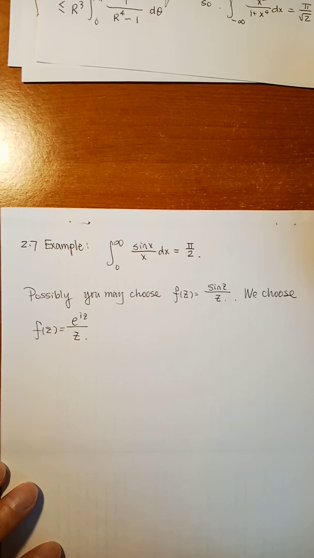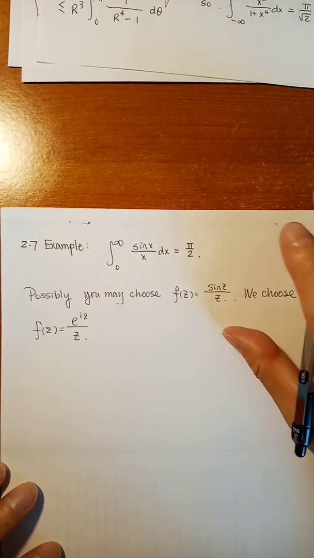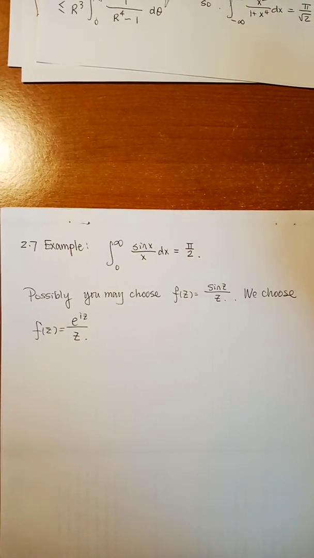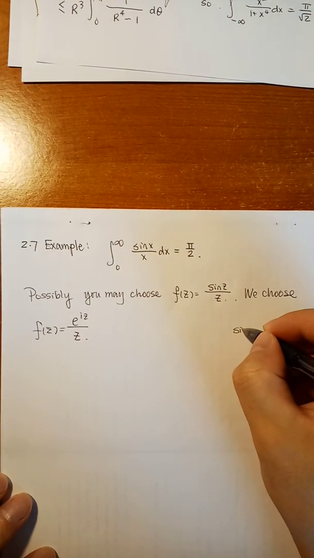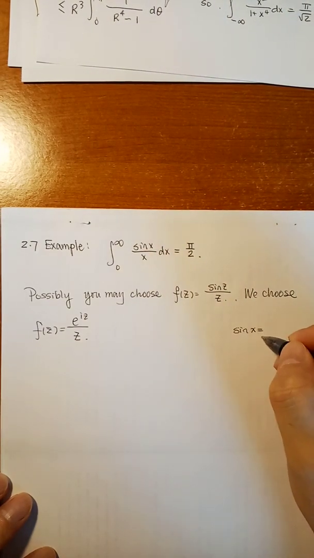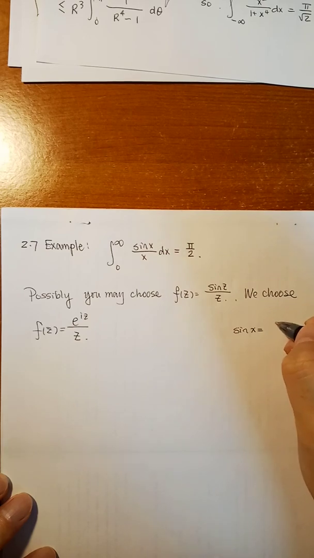And you will see that eventually this actually fits our construction of closed rectifiable curves, because of Euler's identity. Remember that Euler's identity, sine x is what? It's e to ix minus e to negative ix over 2i, right?